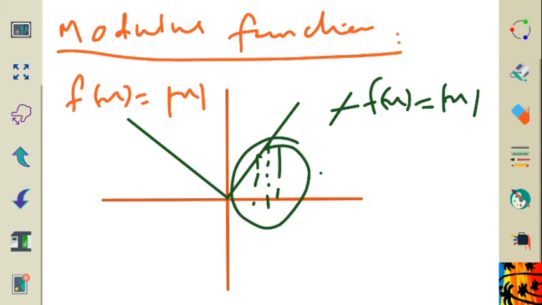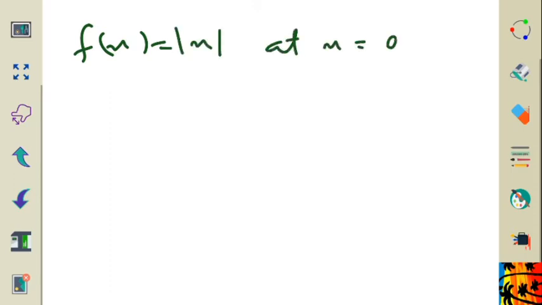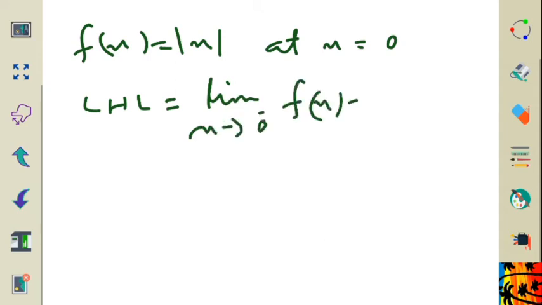But how to test it? Suppose I ask whether the limit exists or not at the point x equals 0. How to test it? Look at this. f(x) equals mod x at x equals 0, suppose. So you find LHL. LHL will be limit x tends to 0 minus f(x), which is equal to limit x tends to 0 minus of mod x.